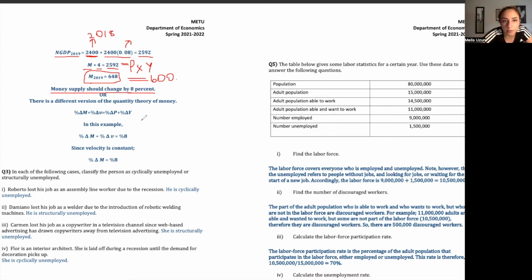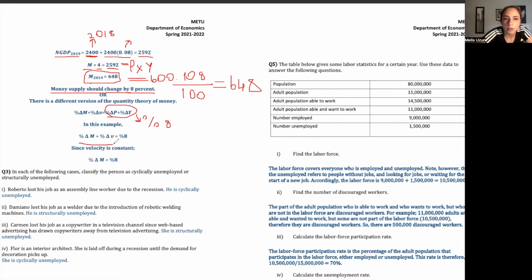It is 8%. Let me write it like this. Or you can say that the nominal GDP increased by 8%.